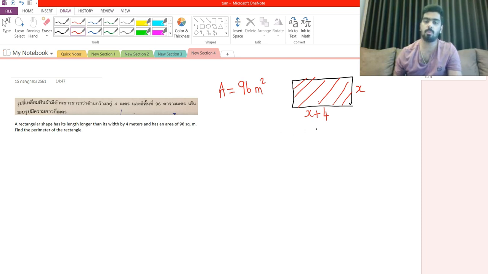So what do we know now? We know that A, which stands for area, is length multiplied by width. So area is 96, which is equal to length multiplied by width.